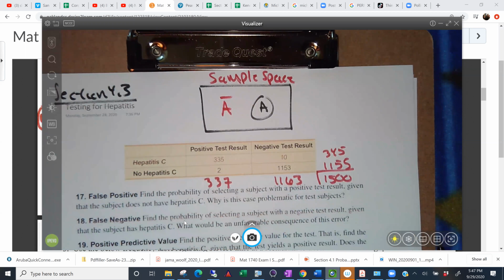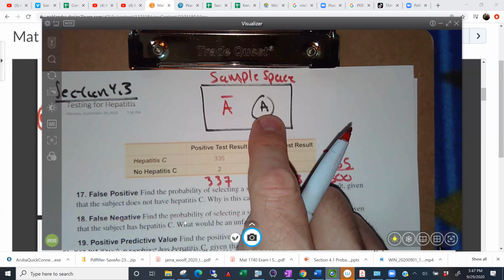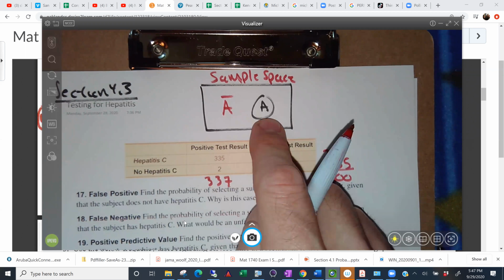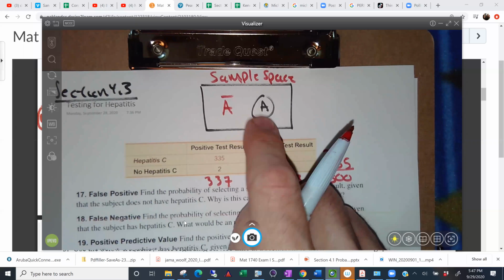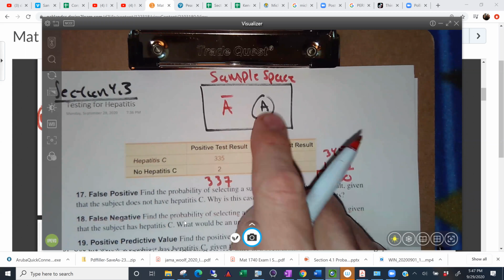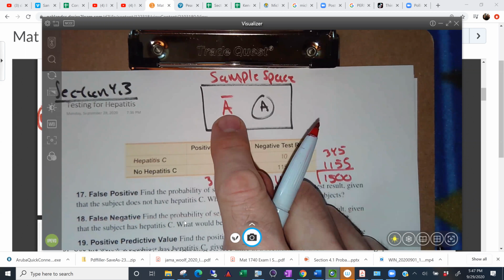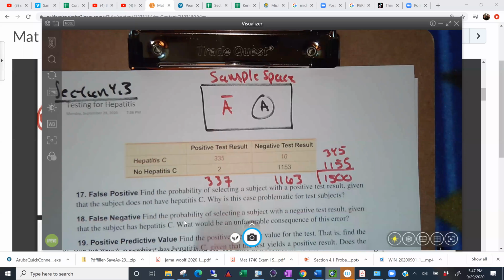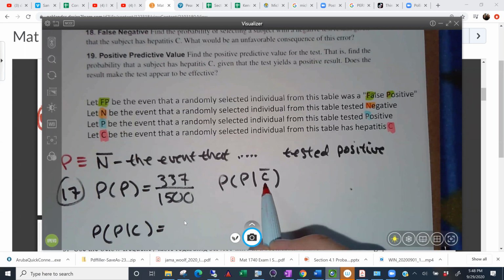It's everything outside that circle. So your heads or your tails, you won the election or you lost, you rolled a 6 or you didn't, but you're one or the other. So you have hepatitis or you don't have hepatitis. There's no in between. So that's what we have here: the probability that somebody tested positive, even though they don't have hepatitis C.